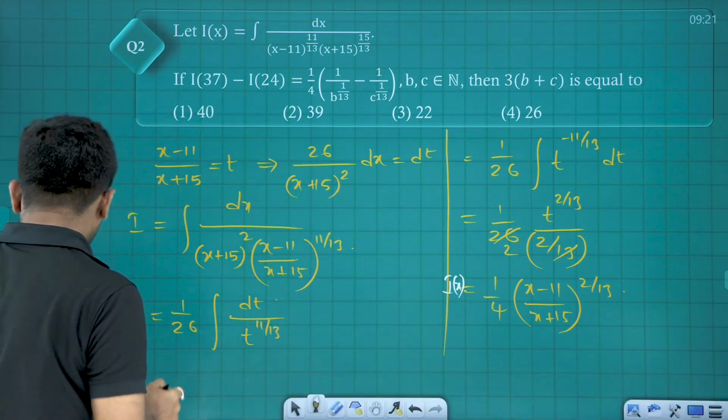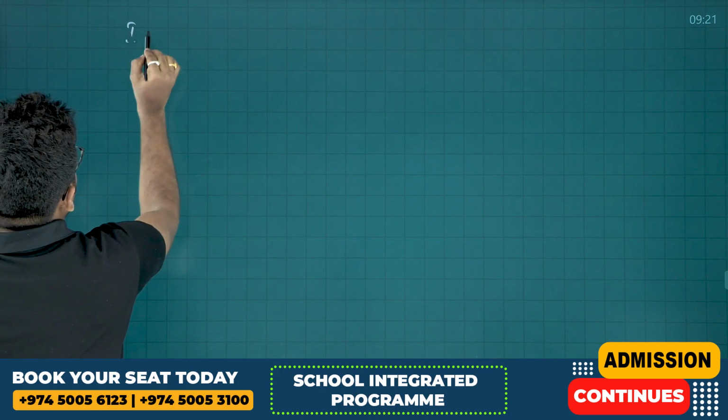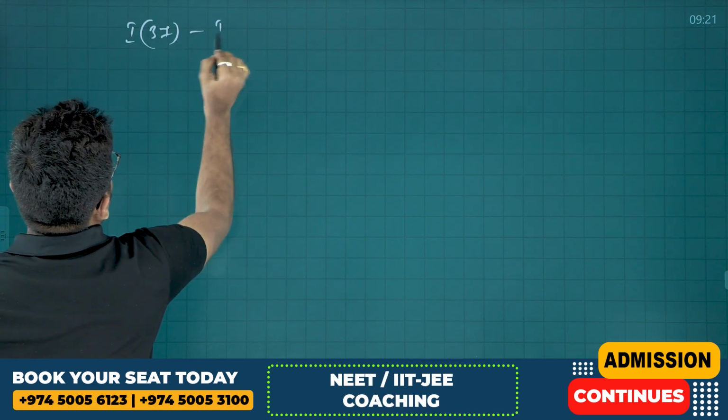What are they asking us to find? I of 37 minus I of 24.